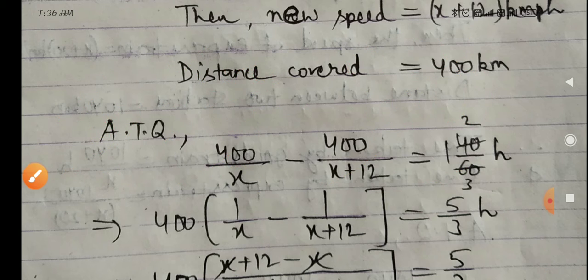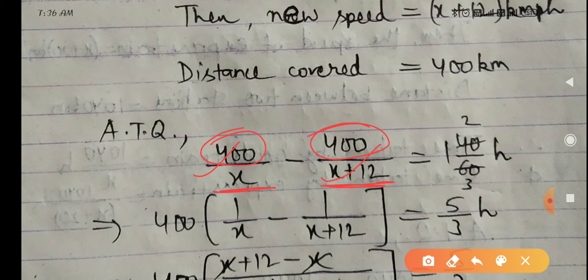In the same way, you have two fractions, 400 upon x and 400 upon x plus 12. The numerators of both fractions are equal, 400. The denominator of the first fraction is x, and of the second is x plus 12. x is less than x plus 12, so 400 upon x is greater than 400 upon x plus 12.